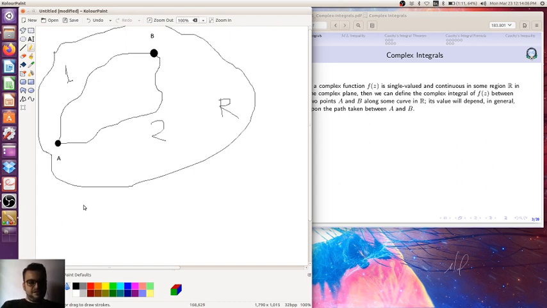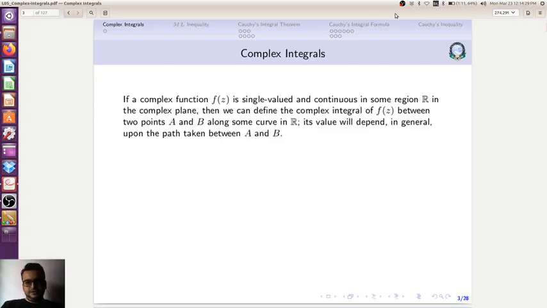What happens is that the value that I get along path 1 and the value that I get along path 2, these two values of the integral of the function, need not be the same. So that's what happens in the case of a complex integral.